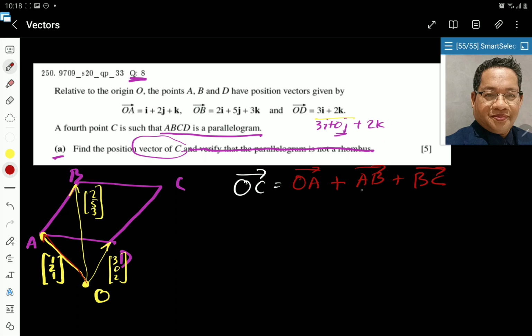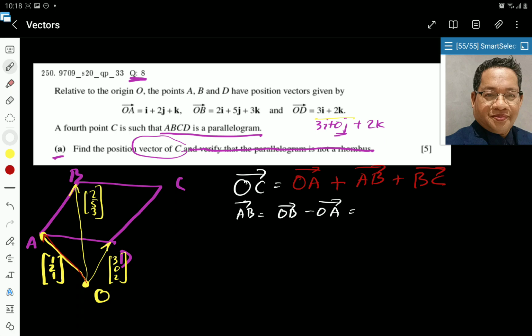But then I don't have AB. Let's solve for AB first. AB is equal to OB minus OA. Watch lecture 2 if you don't understand why it is OB minus OA.